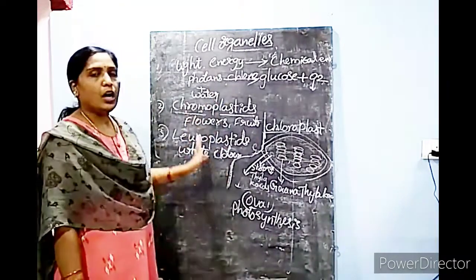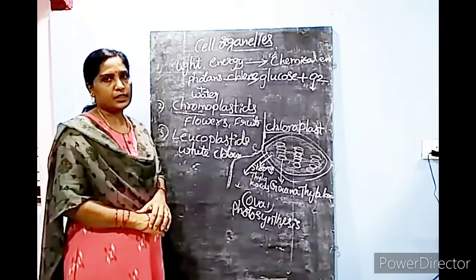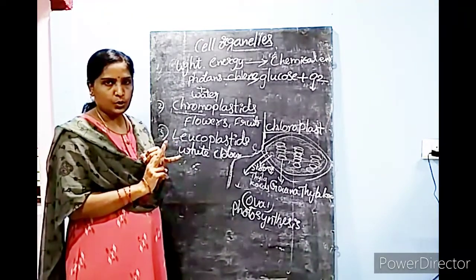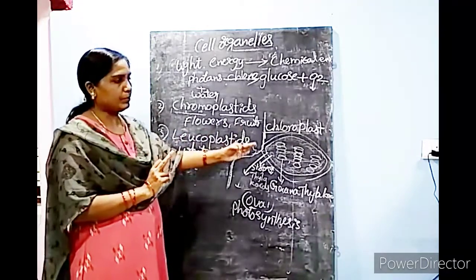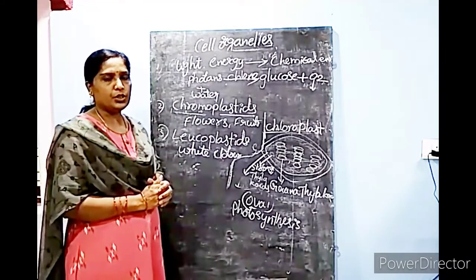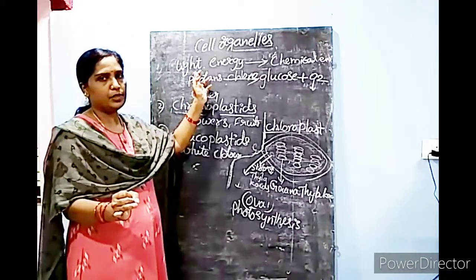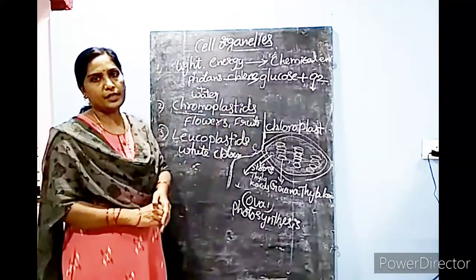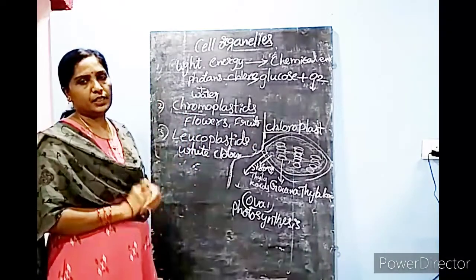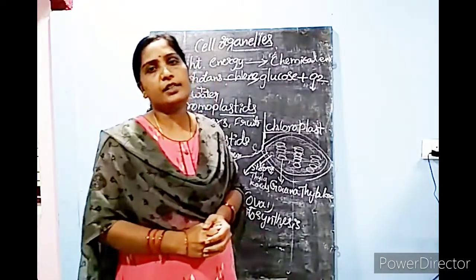So till now, how many cell organelles have we discussed? We discussed 4 cell organelles. One is Golgi bodies, the second is lysosomes, the third is plastids and the next is vacuole. Understood, children? Golgi bodies are present in plant cells and animal cells. In plant cells we call them dictyosomes. Vacuoles are present in plant cells and animal cells. The only difference is that in animal cells vacuoles are small in size.